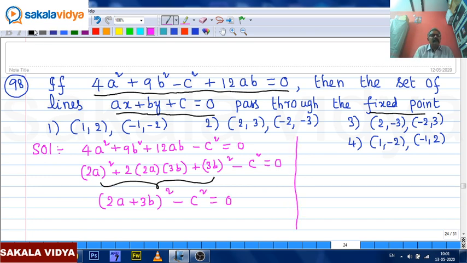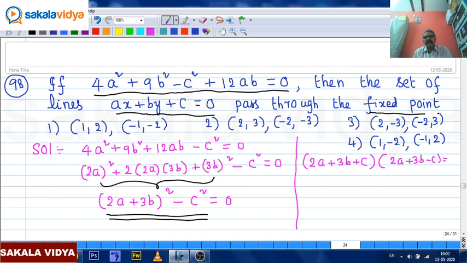Now, this is in the form of a square minus b square, which we can write as a plus b into a minus b. So that means 2a plus 3b plus c into 2a plus 3b minus c equals 0. That means here we get two conditions: 2a plus 3b plus c equals 0, equation 1, and 2a plus 3b minus c is equal to 0, equation 2.